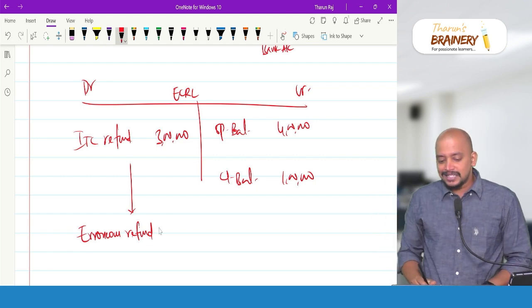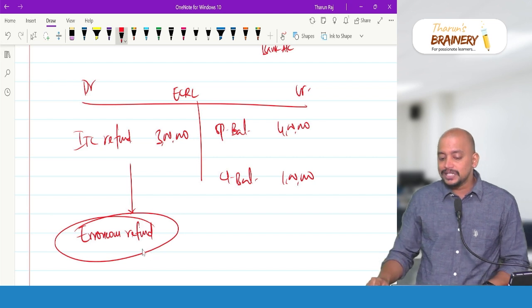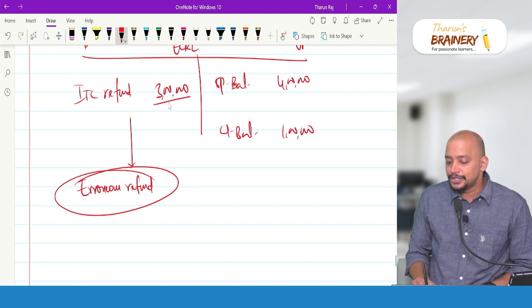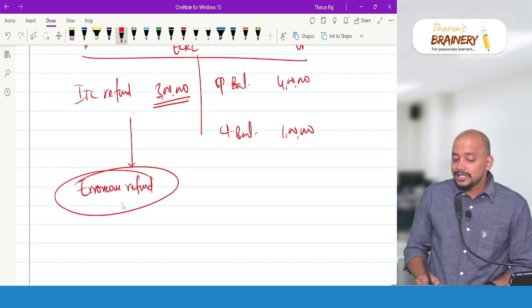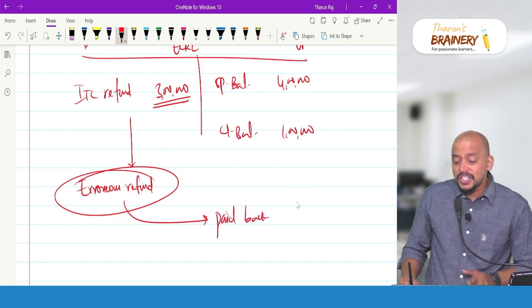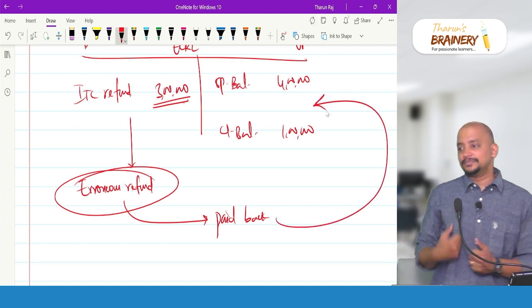Now in that case, my question is, whenever you are paying this back because it is an erroneous refund: first you got a refund of 3 lakhs into your bank account, and because it is an erroneous refund, you paid back those 3 lakh rupees, which means that 3 lakh rupees should again come into the credit ledger.